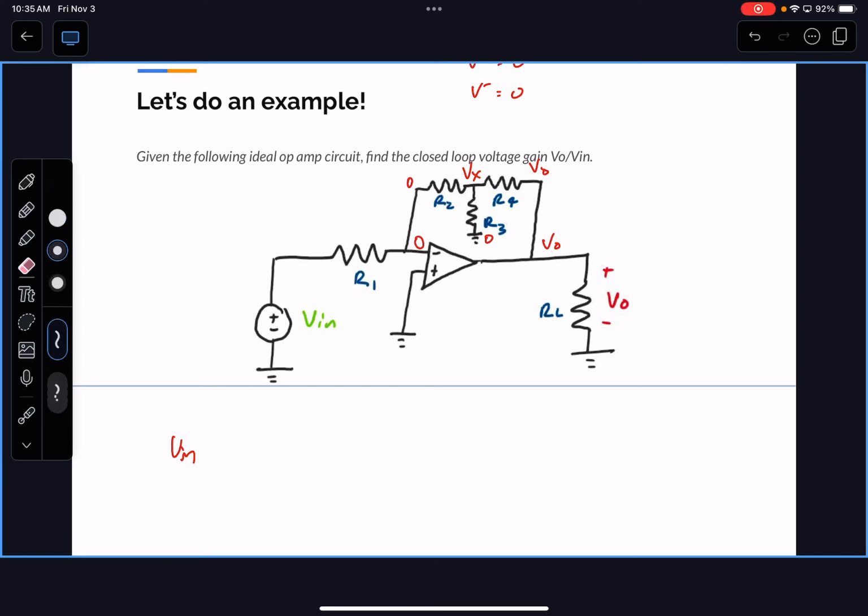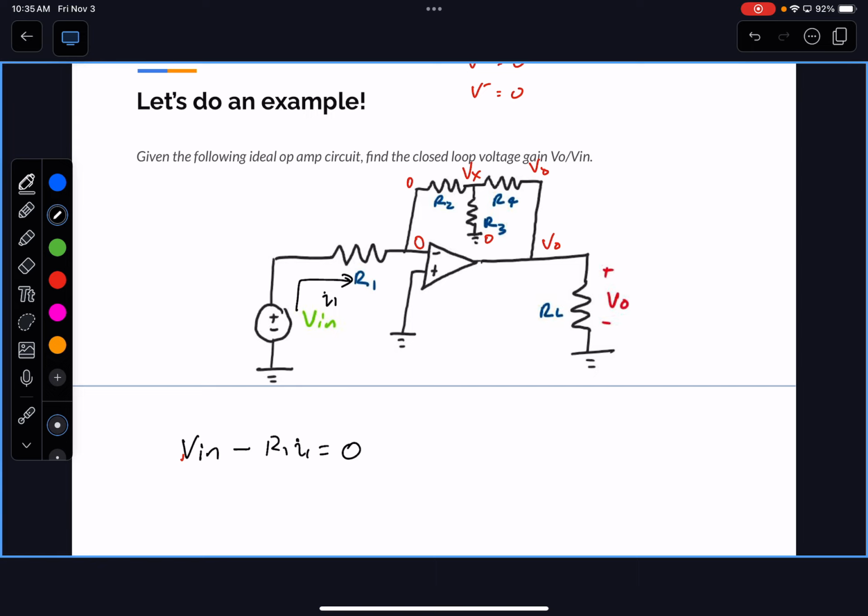Let's write that out. V in. Let's just define this to be I1, right? V in minus R1 I1 equals to 0, right?